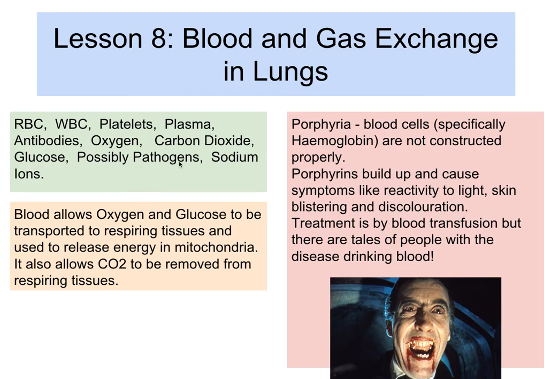You might find disease-causing organisms in there, bacteria, viruses, and sodium ions. What does it do? Well, it allows oxygen and glucose to be transported to respiring tissues, and then it allows CO2 to be removed, or it does remove CO2 from the respiring tissues.